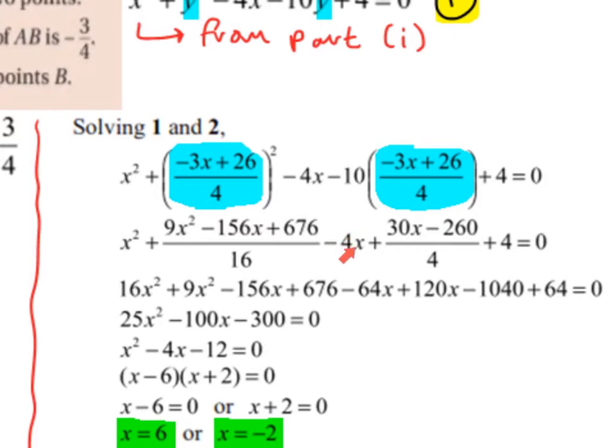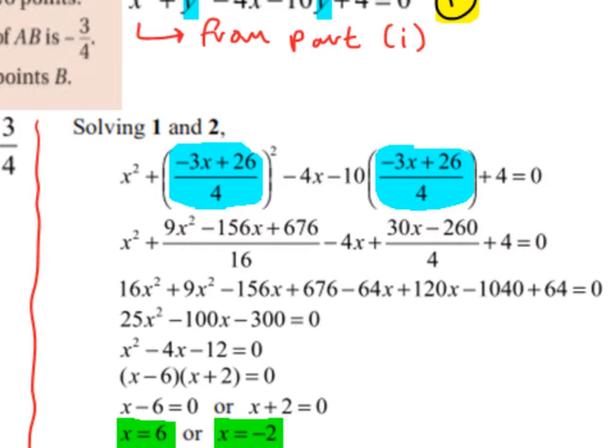Minus 4x times 16 is minus 64x. And then 30x multiplied by 16 and divided by 4 gives us 120x. And then minus 260 multiplied by 16 and divided by 4 is minus 1040. And then 4 multiplied by 16 is 64. And again, it's equal to 0.